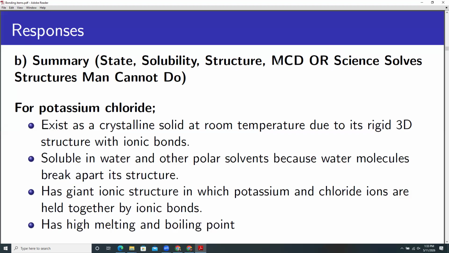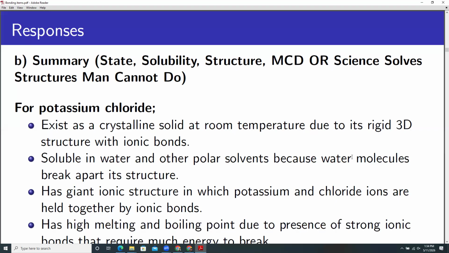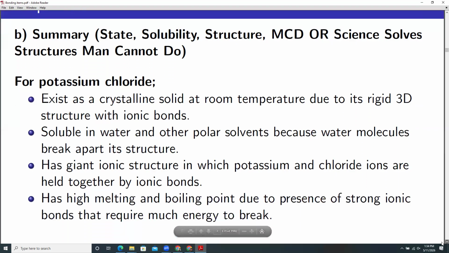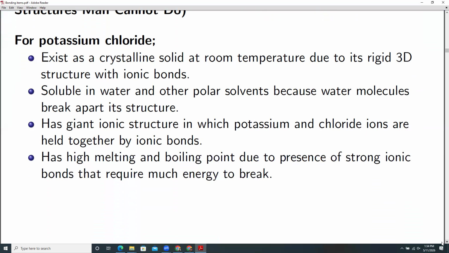Because of strong ionic bonds. The attraction between oppositely charged ions is very strong. So we say they have high melting and boiling points due to presence of strong ionic bonds that require much heat to break.